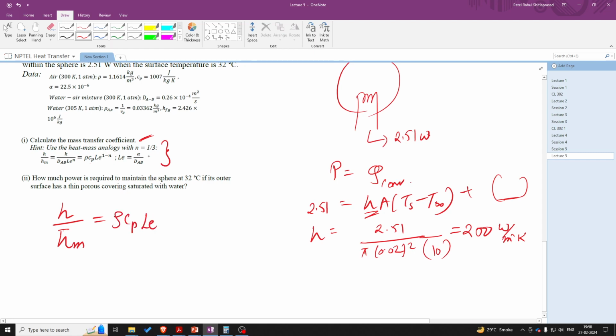The value of n is 1 by 3, so it will become 1 minus 1 by 3, that is 2 by 3. So from this the mass transfer coefficient will become h upon rho Cp Le raised to 2 by 3.